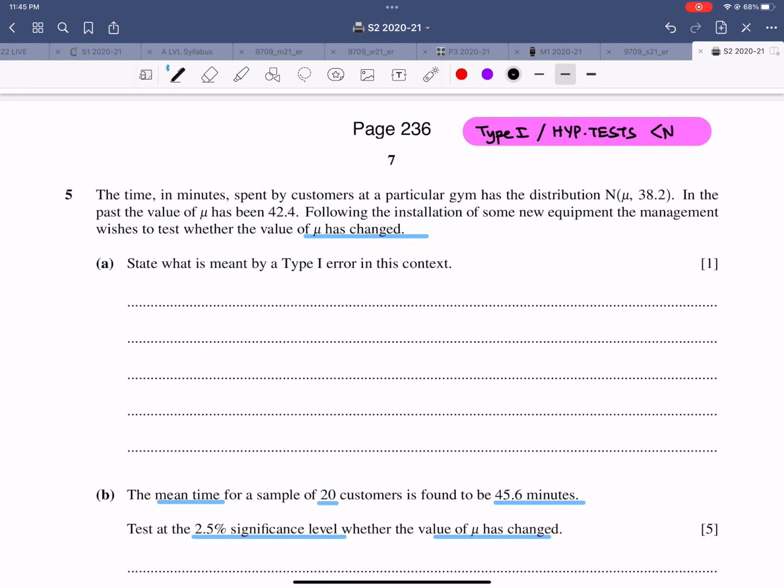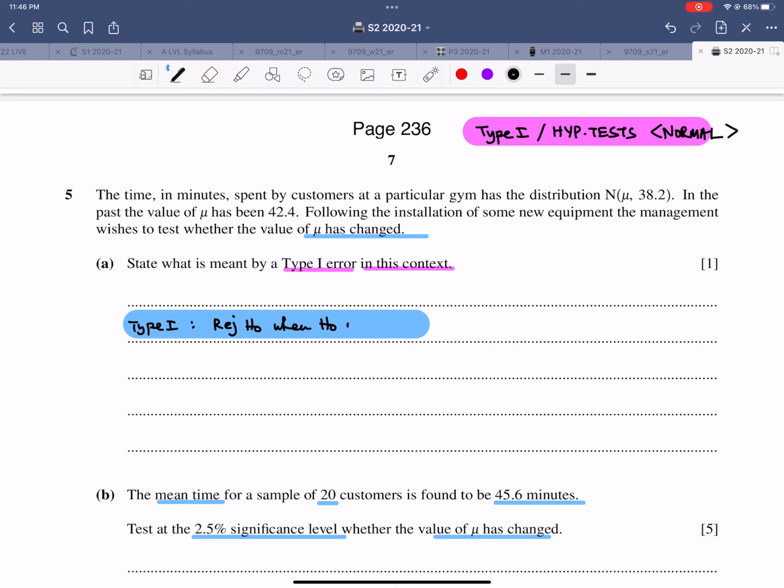Now, first of all, what is meant by type 1 error in the context of this question? So now this is important, type 1 error, and in this context. First of all, write the textbook definition. What is the textbook definition? The textbook definition of type 1 is reject H naught when H naught is true.